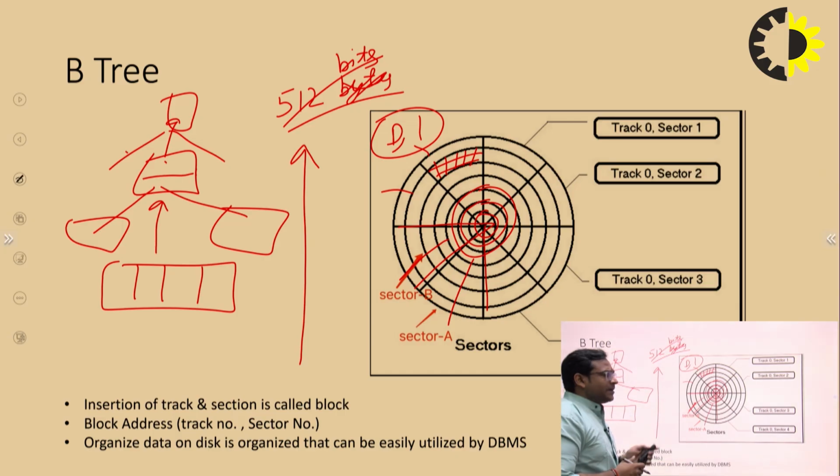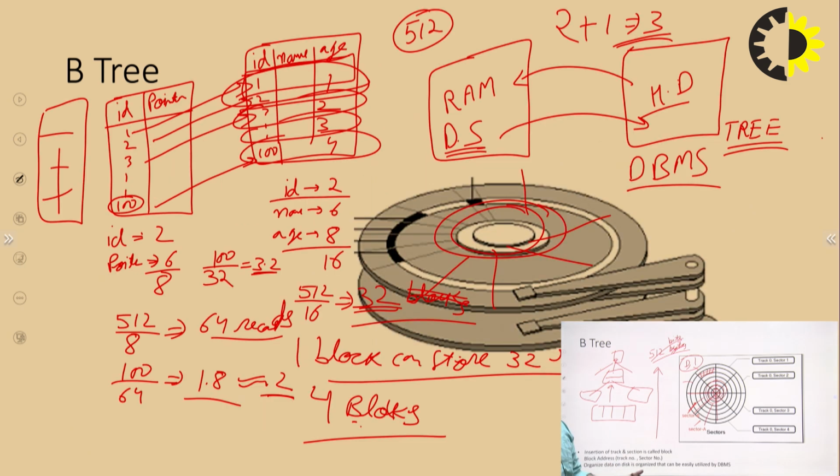B tree is related to the hard disk, which has some sectors and some tracks, and the intersection of track and sector is called a block. The block address is the intersection of track number and sector number. Data on disk is organized so that it can be easily utilized by the DBMS.